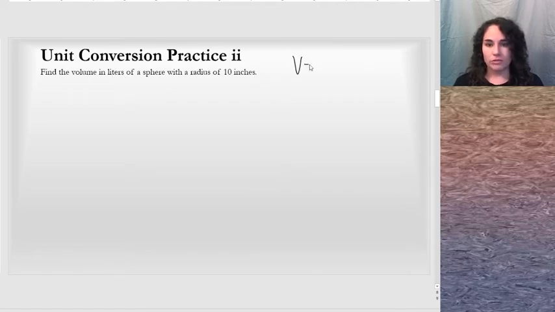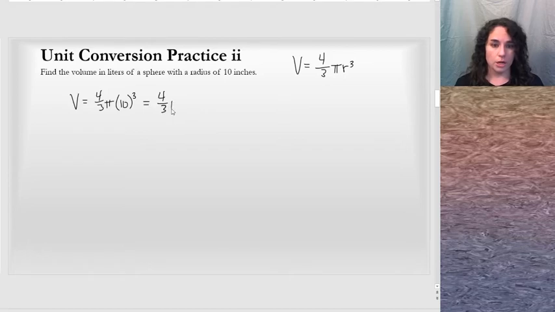I'll remind you the volume of a sphere is 4/3 pi r cubed, okay? I can find the volume, very easy, 4/3 pi, and then I'd have 10 inches cubed. I could calculate that, whatever I want to calculate it as.